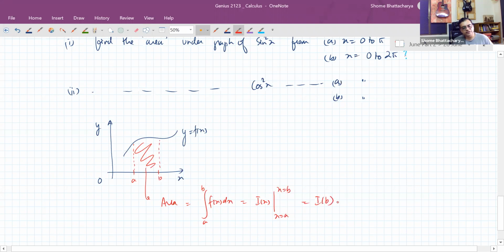It is the value of the antiderivative at B minus the value of the antiderivative at A. So this quantity is actually the area.